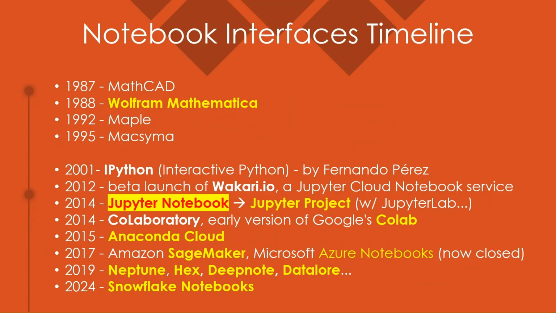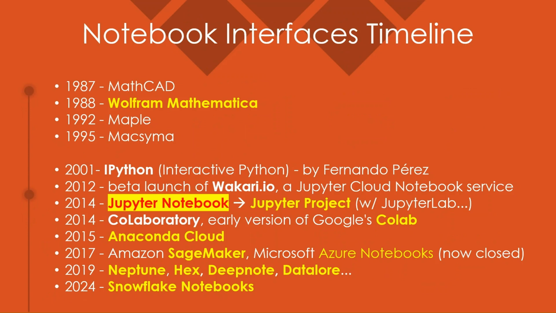Notebook interfaces timeline. This started a long time ago, actually, and not just with Jupyter notebooks. I'll give you some quick historical context. Around 1987, long ago, they had MathCAD, a CAD application.